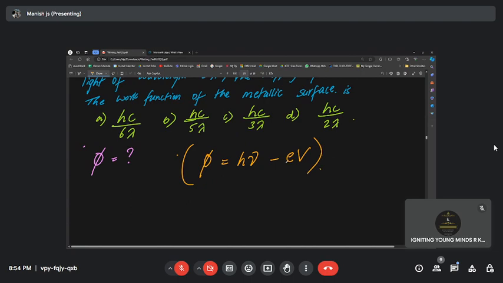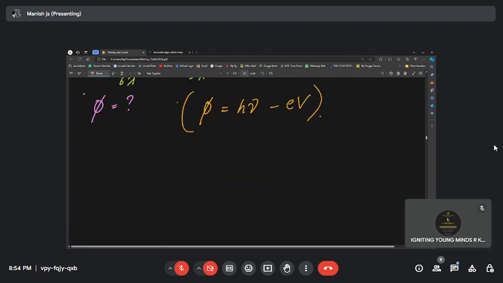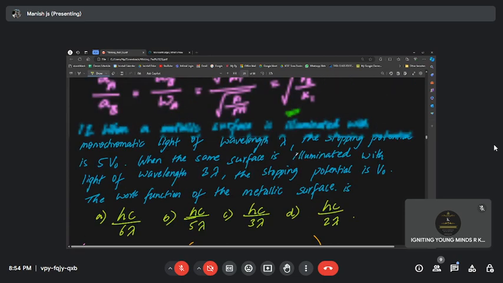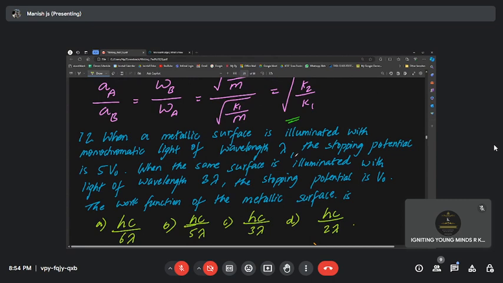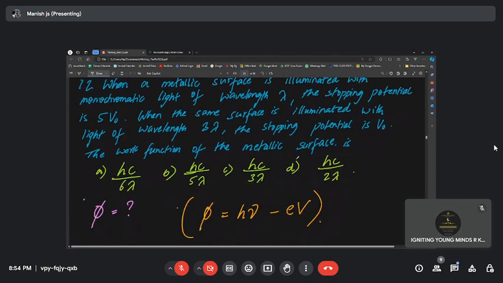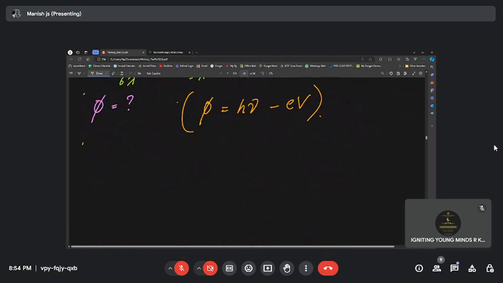So having this information, for both the cases, we are going to now write down the expressions. For the first case, you guys know that it was monochromatic light of wavelength lambda, then the stopping potential was found to be 5 V naught. So for that particular expression, let us write.